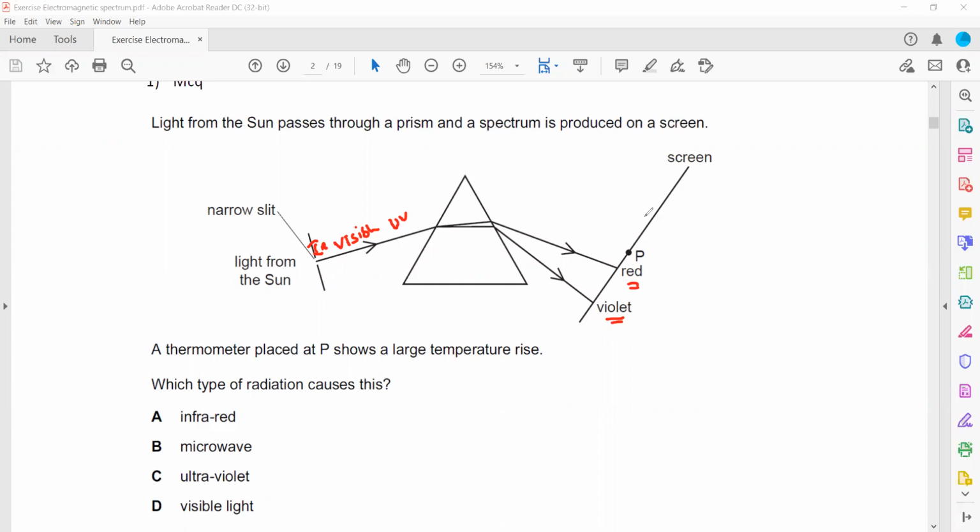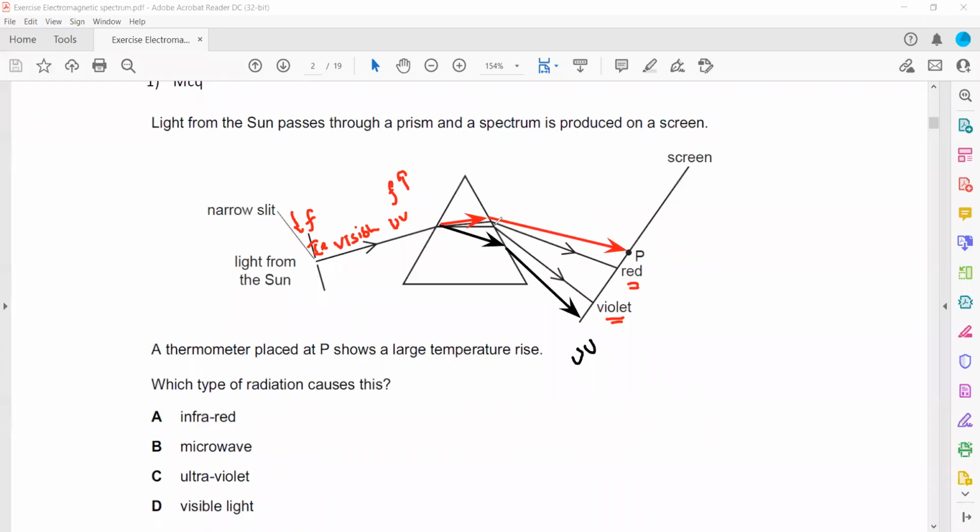So when we compare ultraviolet, infrared, and visible, ultraviolet has the highest frequency and infrared has the lowest frequency, and visible is in between them. So the ultraviolet will bend more than violet, and infrared will bend less than red.